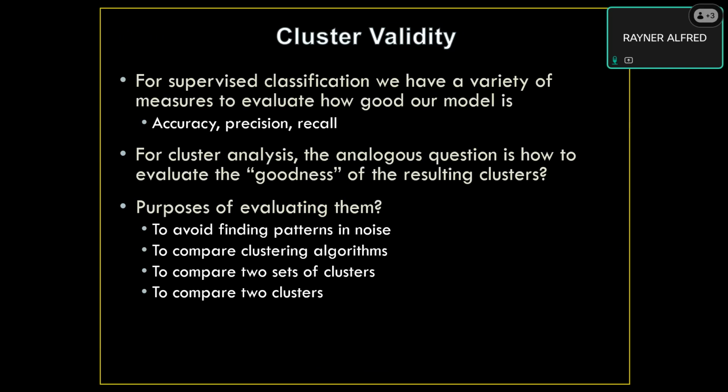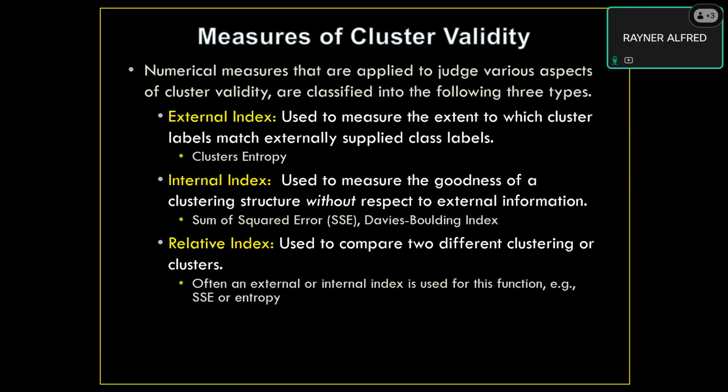Okay. So to look at cluster validity, we have a few methods here. The first one is called external index. External index looks at the characteristics of the data set itself, the behavior of the individual items in that particular group.